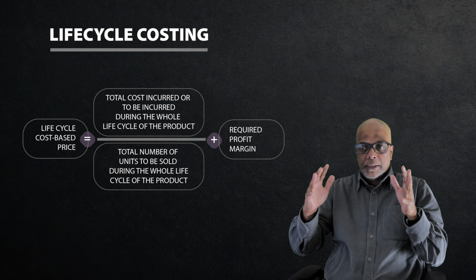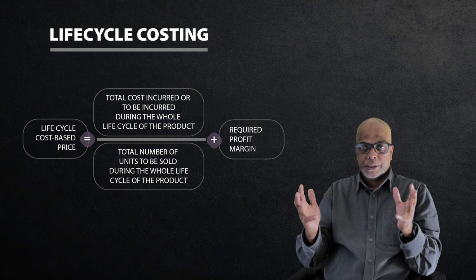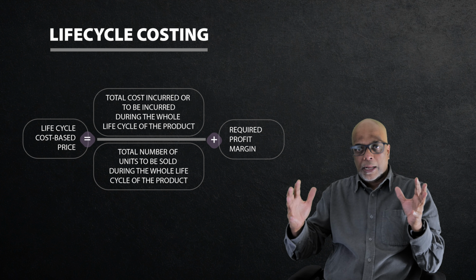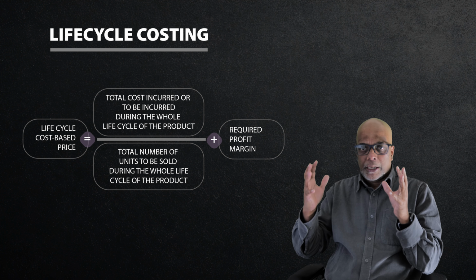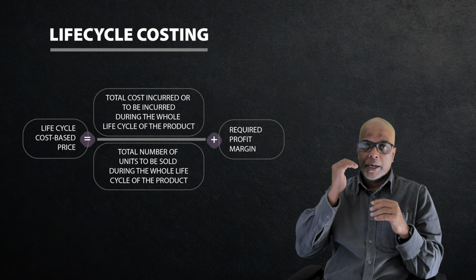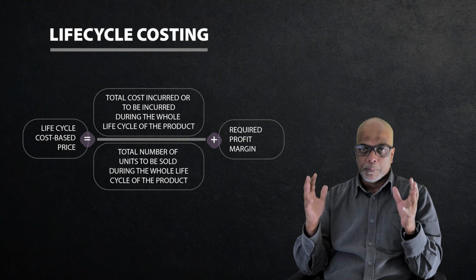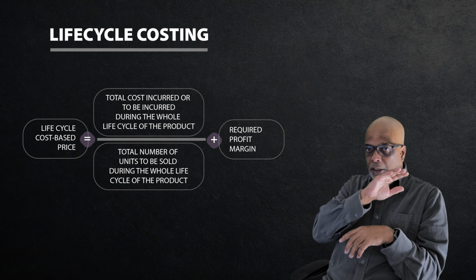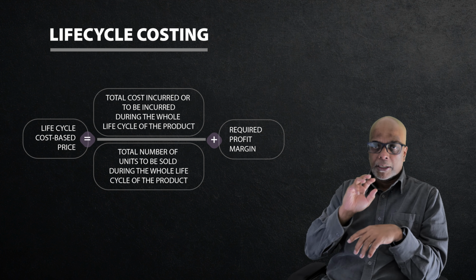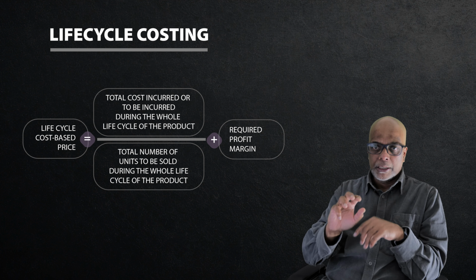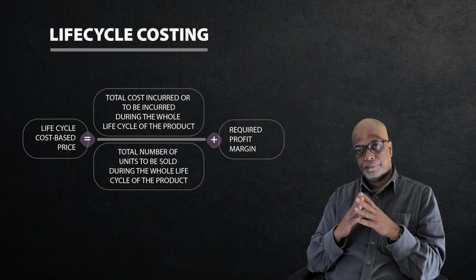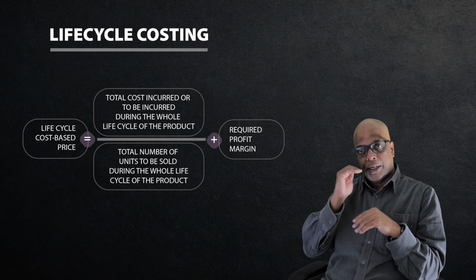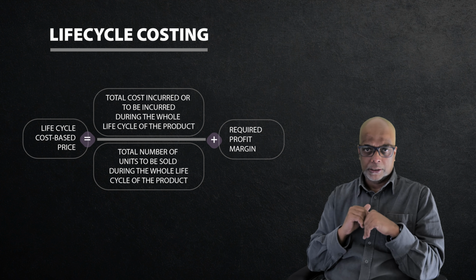So if you can estimate the total number of units to be sold during the whole life cycle, then we can use that to estimate the average cost of a product during the whole life cycle, which is basically the total life cycle cost divided by the total number of units to be produced during that life cycle. So then we get the average cost per unit.